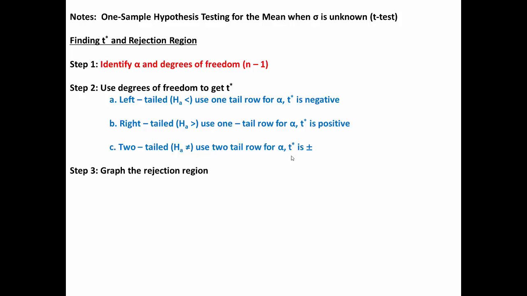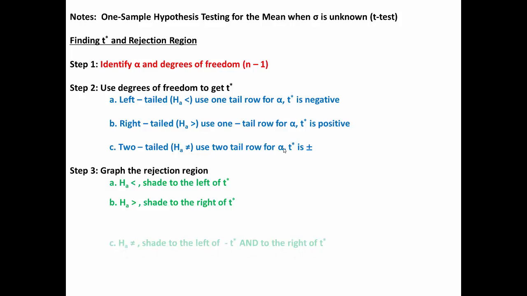And then what you're going to do is actually graph a rejection region. And actually, where does the reject and fail to reject fall pertaining to the standard normal curve? Again, you probably don't know what that means. So I kind of put these together. For that first one, you shade to the left of T star.